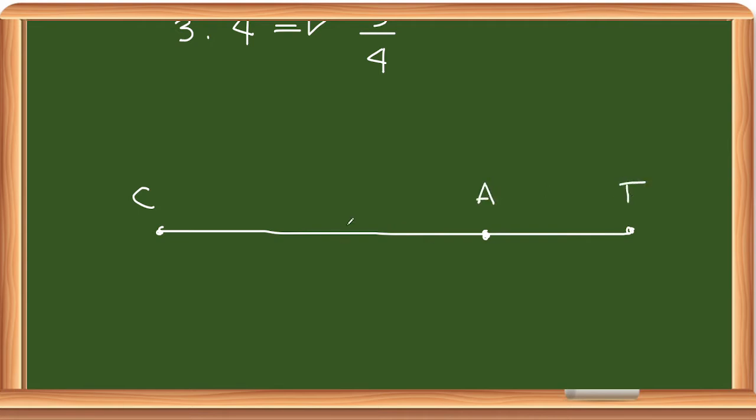So we have CAT. Let's say this is the measurement of segment CA. So from point C to point A, it has 24 units, or 24 centimeter, so lagyan natin 24 centimeter for example. And then from segment A to T, we have 6 centimeter.